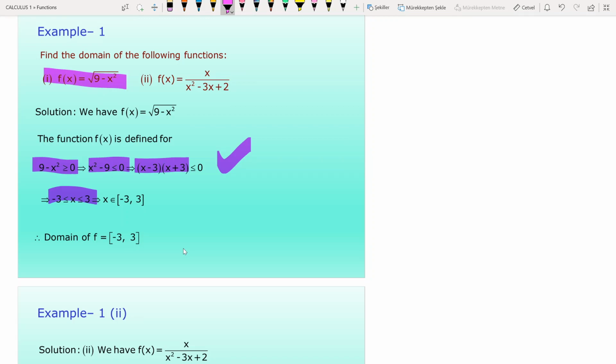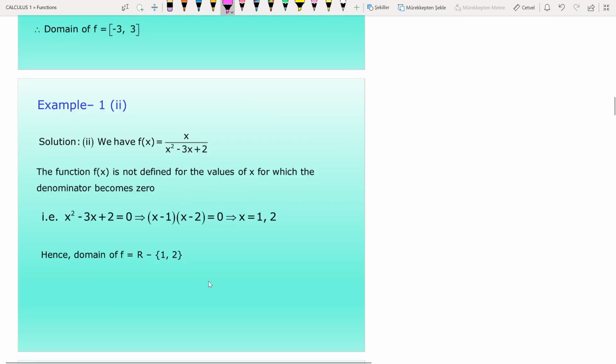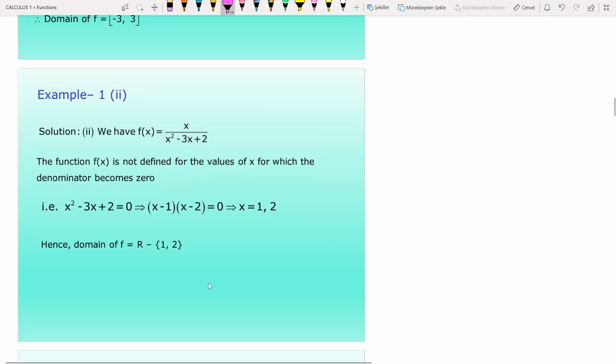What about the second example? If you have a rational function, be careful about the denominator of the rational function. The denominator cannot be 0. If the denominator is 0, then the rational function becomes undefined. So in which case is the denominator 0?